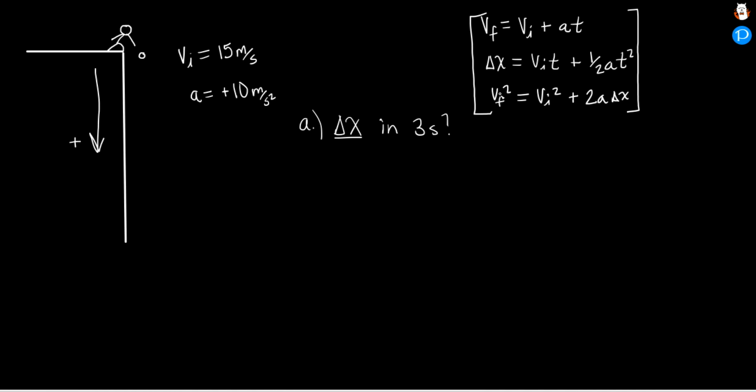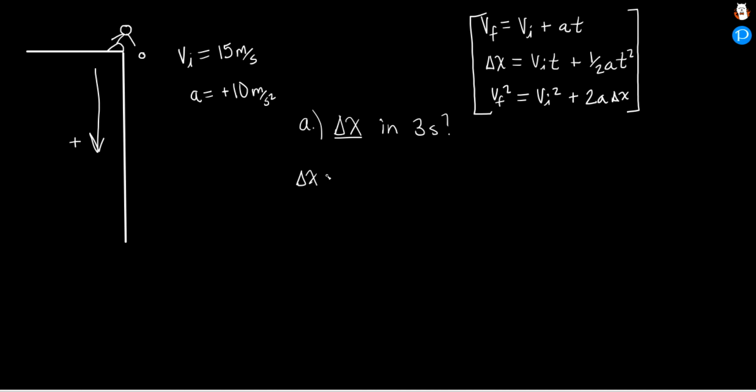I can't use these, but I can use this middle one because I'm solving for displacement. I have the initial velocity and I have the time. I also know the acceleration since it's a free-falling object. So we're going to use this equation right here. And it's already set up to solve for displacement, which is kind of nice.